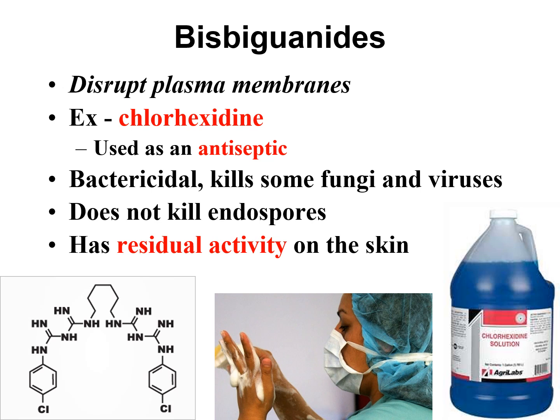All right, our next chemical, we've got the bisbiguanides. And you don't need to know that name, but we've got chlorhexidine. So that one is used a lot in medicine. And it's going to work the same way as the quats, so it's also going to disrupt the plasma membranes of the microorganisms. This one is only used as an antiseptic.